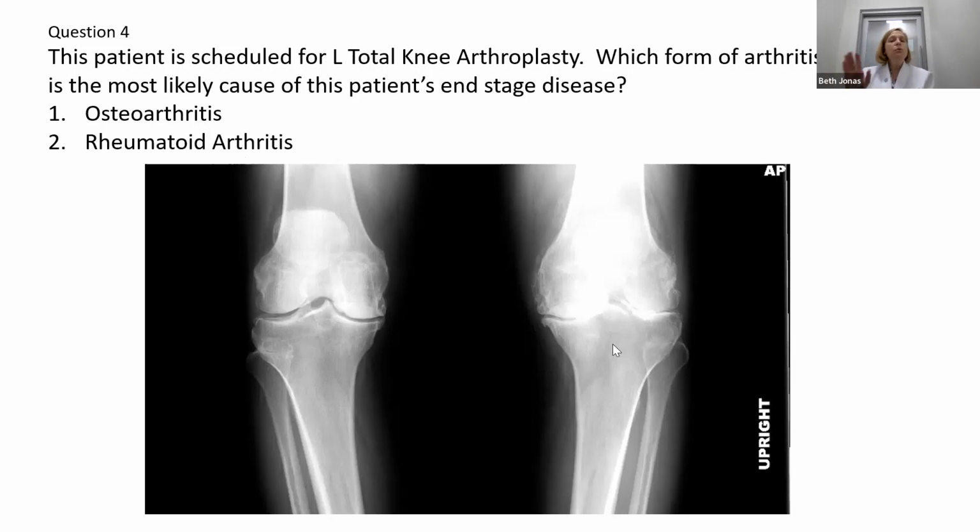Now, when you send these patients to radiology or to orthopedic surgery, they'll often read this film as osteoarthritis, and they're probably not wrong. There's osteophytes and there's end-stage disease. But what is clear from this film, because there's uniform joint space narrowing, is that the process that got us here was more likely to be rheumatoid arthritis than osteoarthritis.